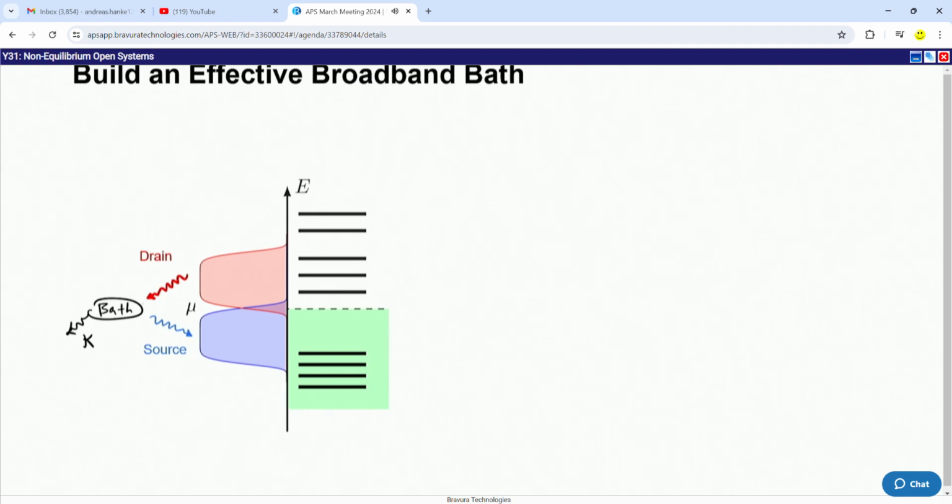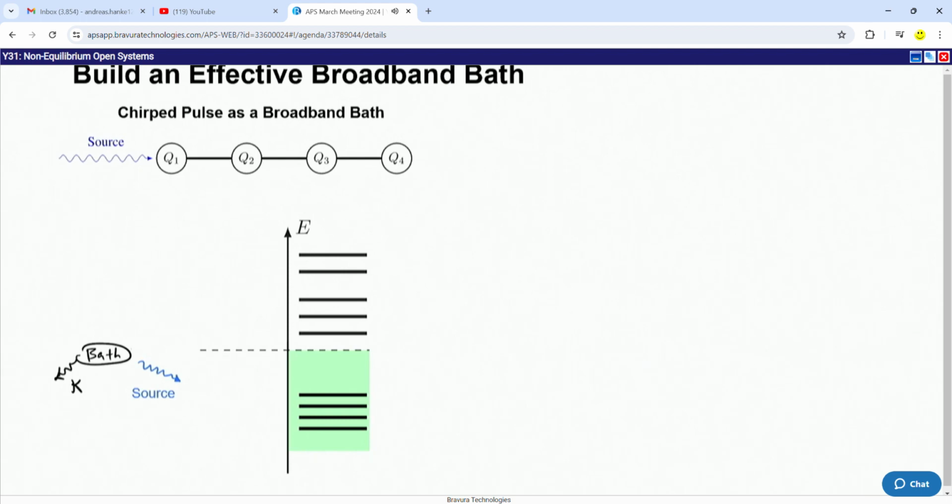In theory, this kind of state is a kind of generalized Gibbs state with zero temperature and finite chemical potential. So let's conclude by how we build a broadband source bus. We can build a broadband source bus by the time sweep of a narrow sideband bus.